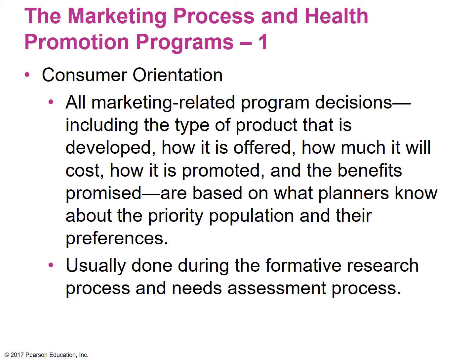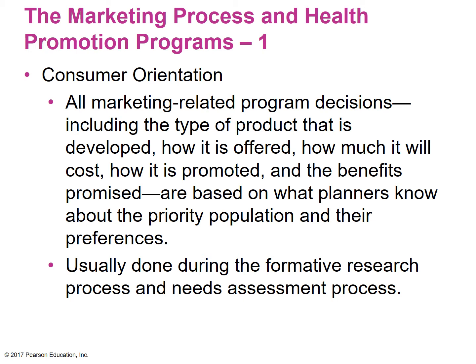Consumer orientation. Okay, this simply means that we're going to tailor all our program marketing decisions based on the wants and needs of our priority population, our target population. I mean, that's whose interest concerns us the most. So that's how we need to center our approach, again, on the wants and needs of the target population.